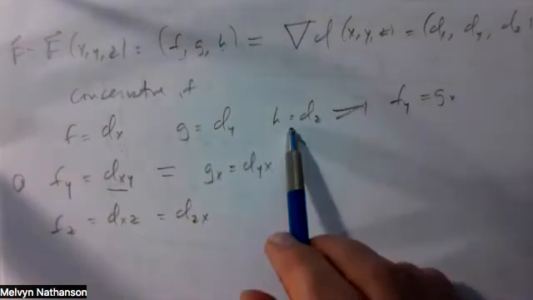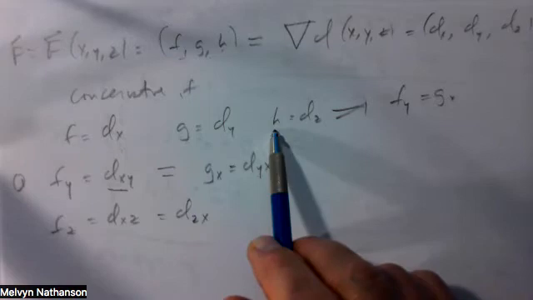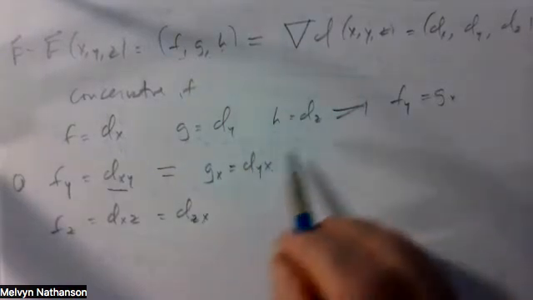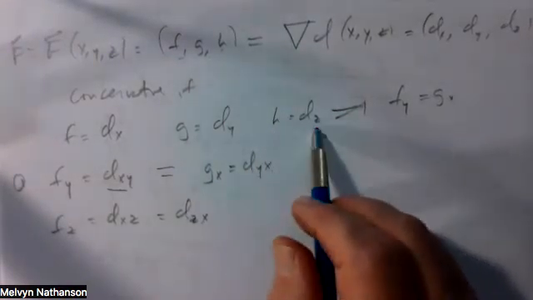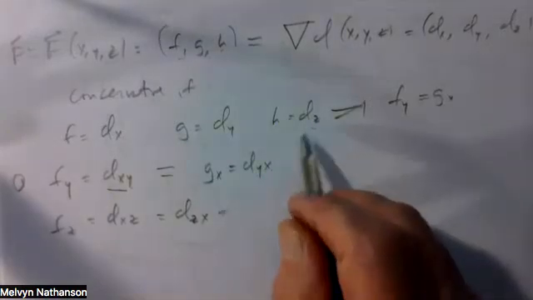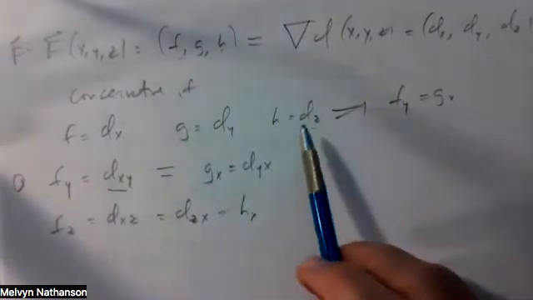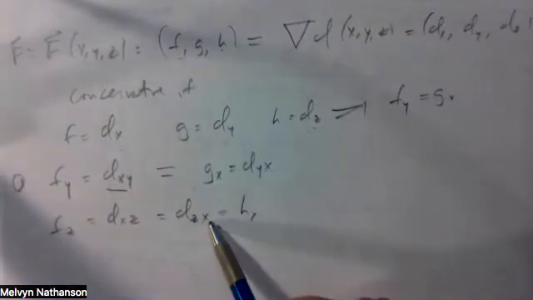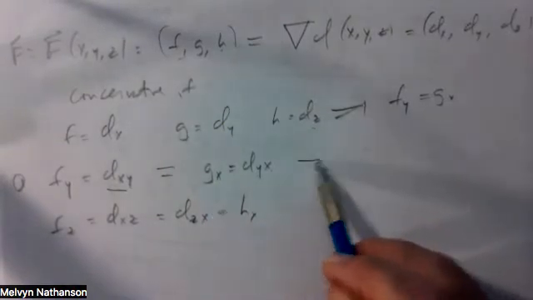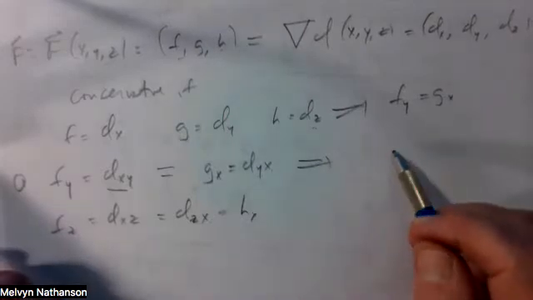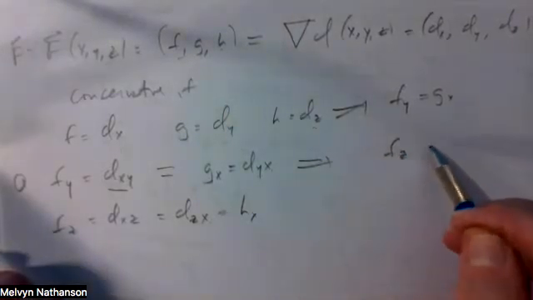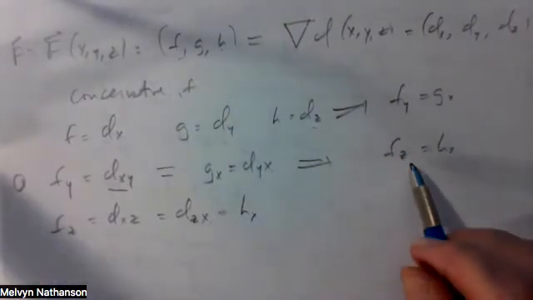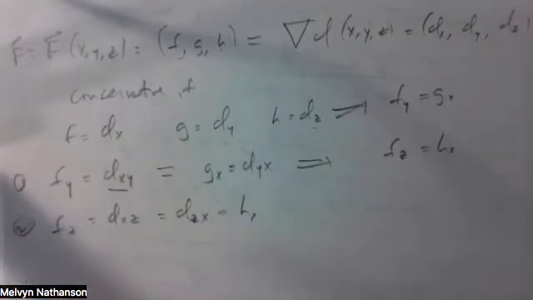But H is equal to the partial of phi with respect to Z. So if I differentiate H with respect to X, I'm taking phi, differentiating it first with respect to Z and then with respect to X, which means that the partial of F with respect to Z equals the partial of H with respect to X. That's the second condition that has to be satisfied.